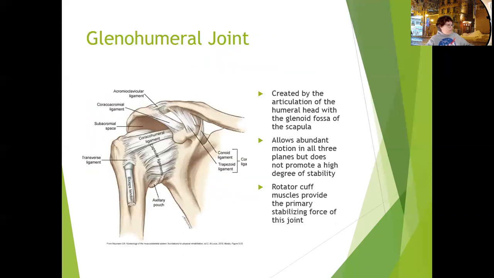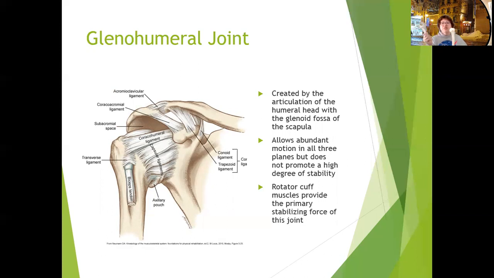So the glenohumeral joint, this is the one that we traditionally think of as our shoulder, but it's just one of the joints in the shoulder. It's the ball and socket joint. It's created by the articulation of the humeral head with the glenoid fossa of the scapula. It allows tons of motion in all 3 planes, but not very stable, because look how shallow that little glenoid fossa is.